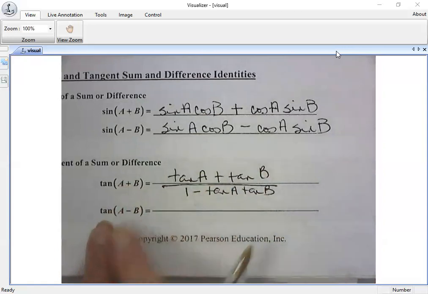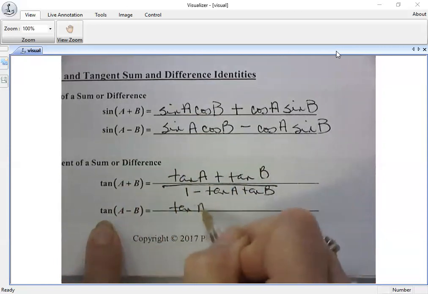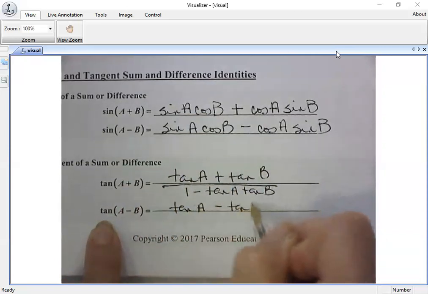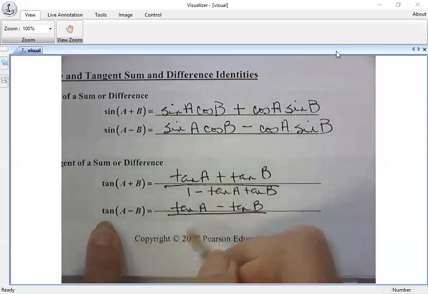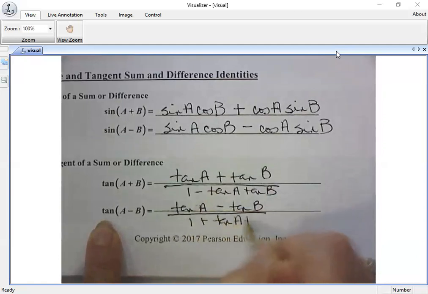So if it's tangent A minus B, our numerator is tangent A minus tangent B over, and what do you think the denominator becomes? Yeah, 1 plus tangent A tangent B.